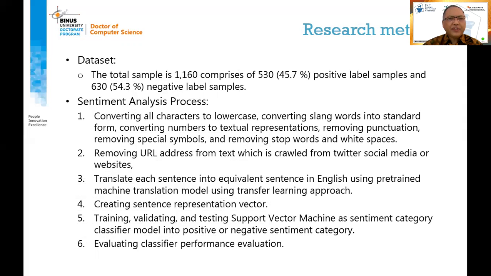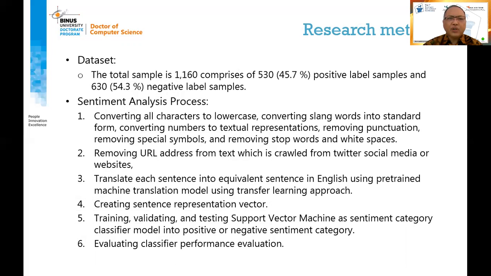And the pre-processing in sentiment analysis consists of converting all characters into lowercase, converting slang words into standard form, converting numbers to textual representation, removing punctuation, removing special symbols, removing stopwords and white spaces, and removing URL addresses from text.